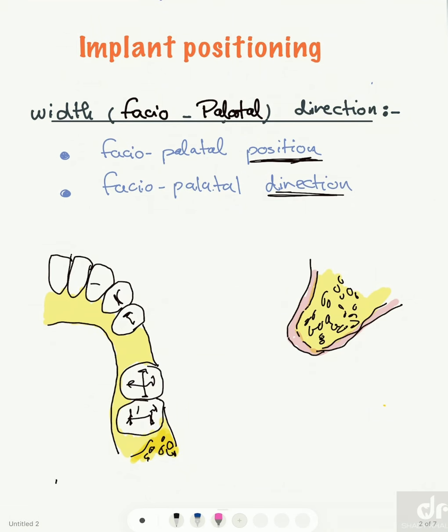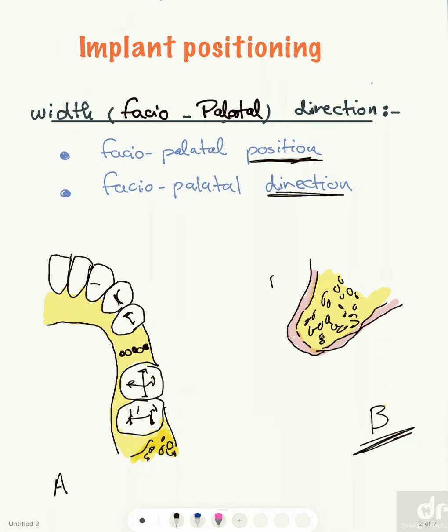If we look at picture A and B, let's look at A. The faciopalatal position is how to put the implant in the buccolingual or faciopalatal dimension. It means it will be here, or here, or here. This is the position.